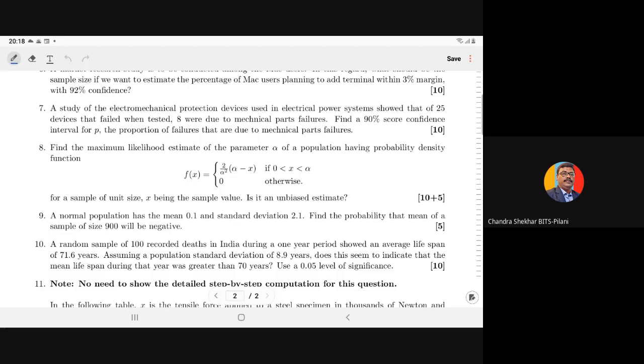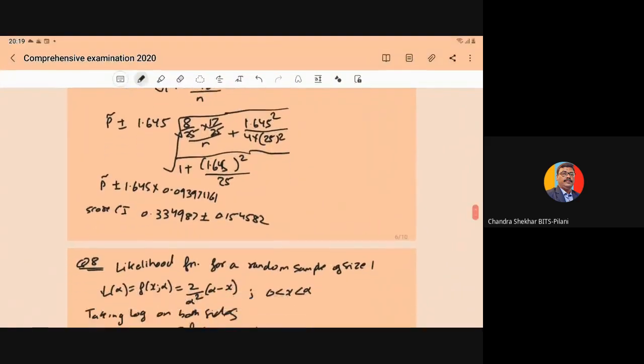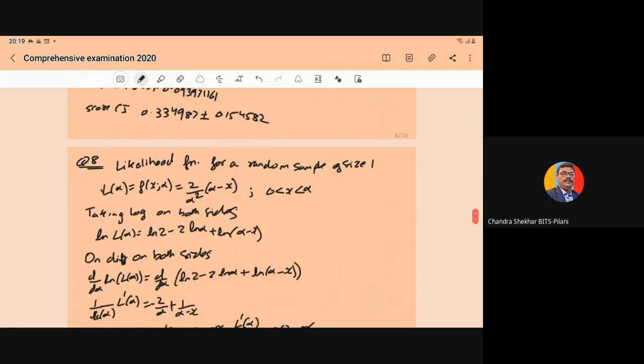Here we are taking a sample of unit size, x being the sample value. Is it an unbiased estimate? So they are asking whether it is the unbiased estimate. So this is the question of MLE.